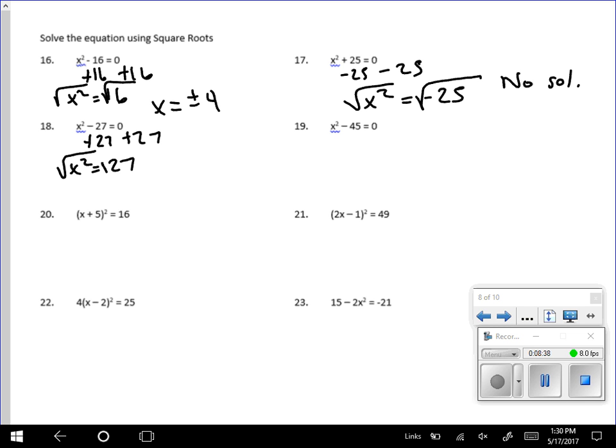Take the square root. Okay, if it's not simplified, you have to keep going. So plus or minus the square root of 27 is correct, but I want you to keep going. Well, that could be 9 times 3, so x is going to equal plus or minus 3 times the square root of 3.